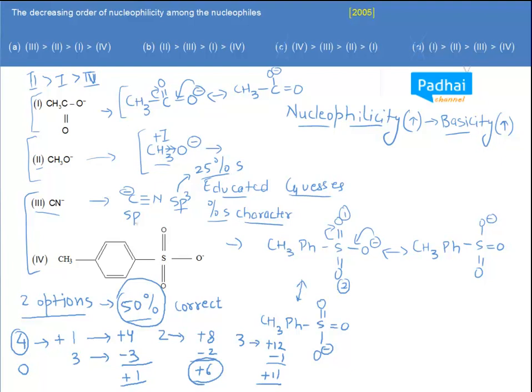However, in an sp hybridized carbon atom there are only 2 orbitals, 1 s and 1 p, and out of these two, 1 is an s orbital, so there is 50% s character. So sp hybridized carbon is more electronegative than sp3 hybridized carbon, and in C triple bond N this carbon is sp hybridized, so this carbon is also electronegative, right?